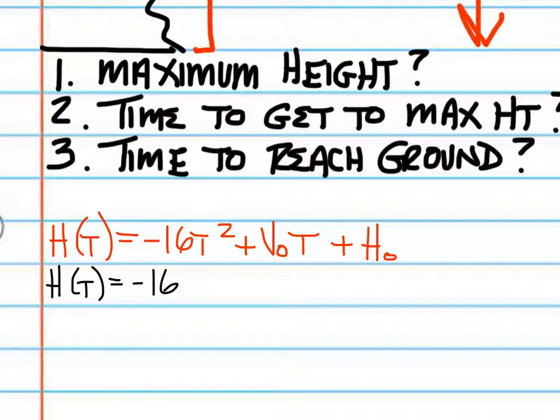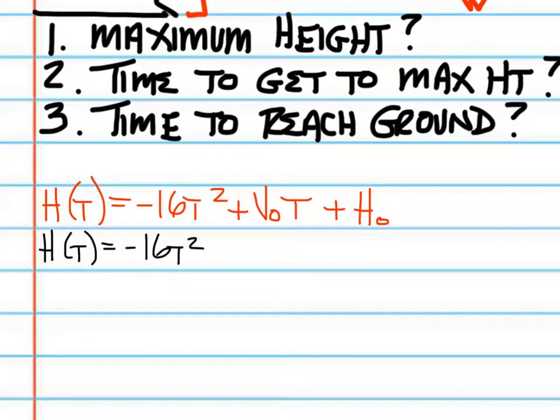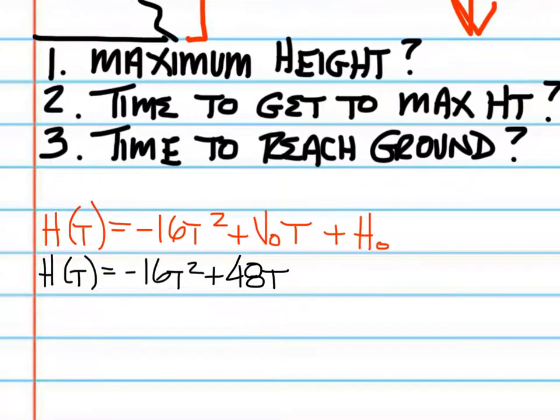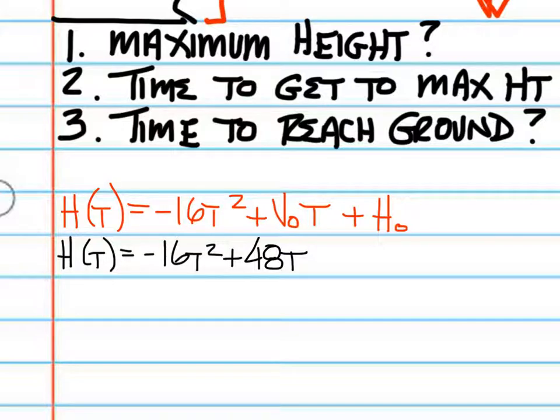So you have negative 16t squared, and then plus the initial velocity, which is 48 feet per second. The 48 goes here, times t. The ledge is 30 feet tall. The height goes at the very end.